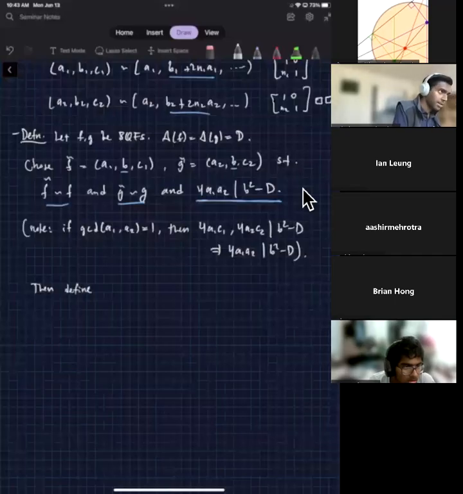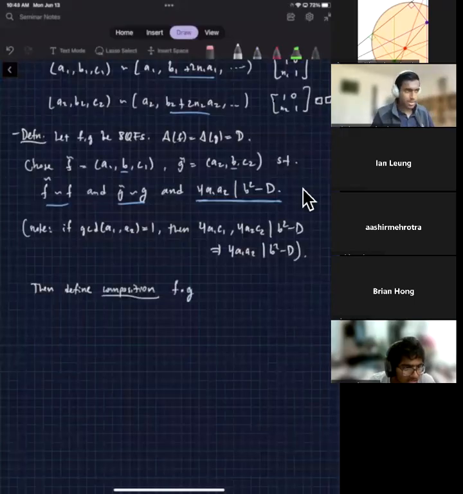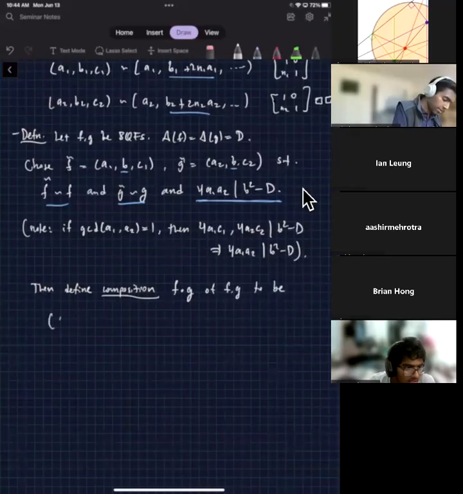So given that choice of F tilde and G tilde, we can define the composition of F and G, which we denote by F dot G. The composition of F and G is the following BQF.